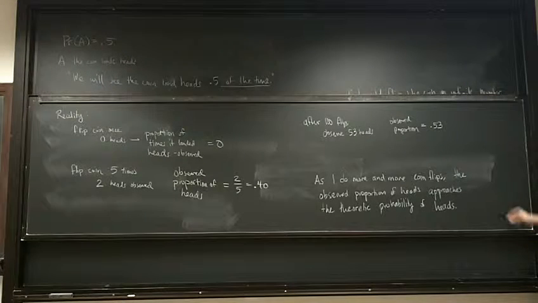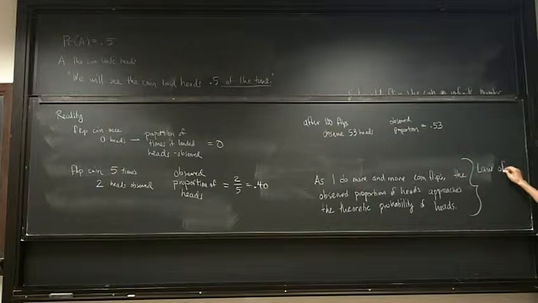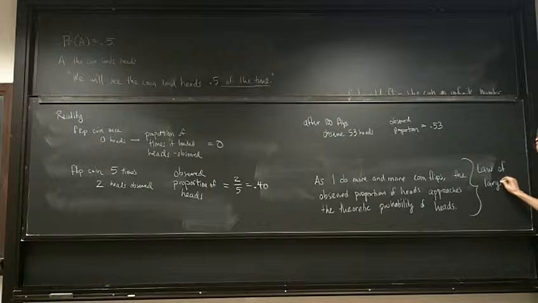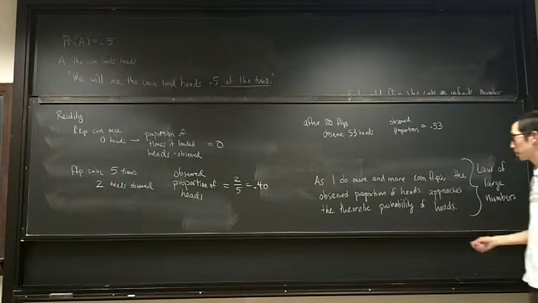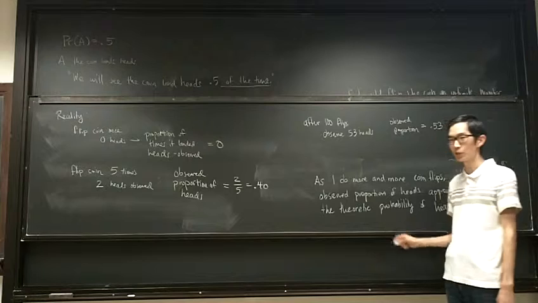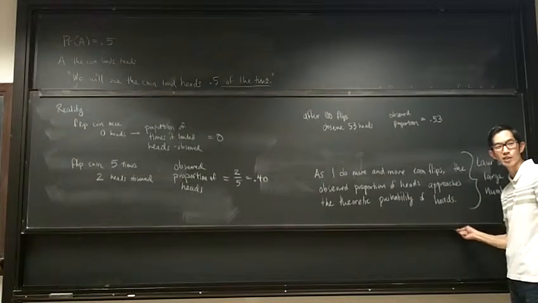That good? All right, and this concept, this is known as the law of large numbers. And a lot of times we will call the observed proportion the empirical probability. Okay?